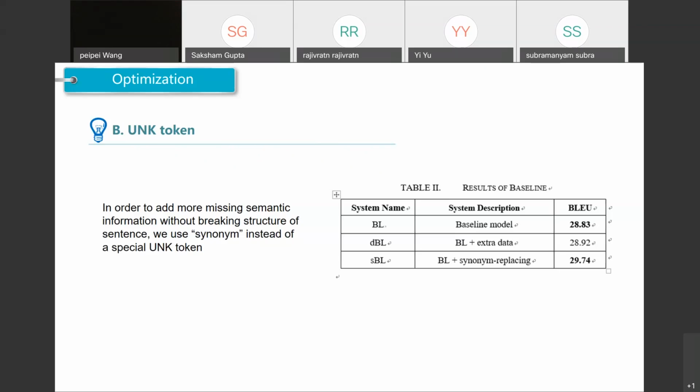We use BERT to calculate the relevance between the unknown word and every word of our vocabulary list in semantic space. Then we replace the UNK token with the most relevant word.